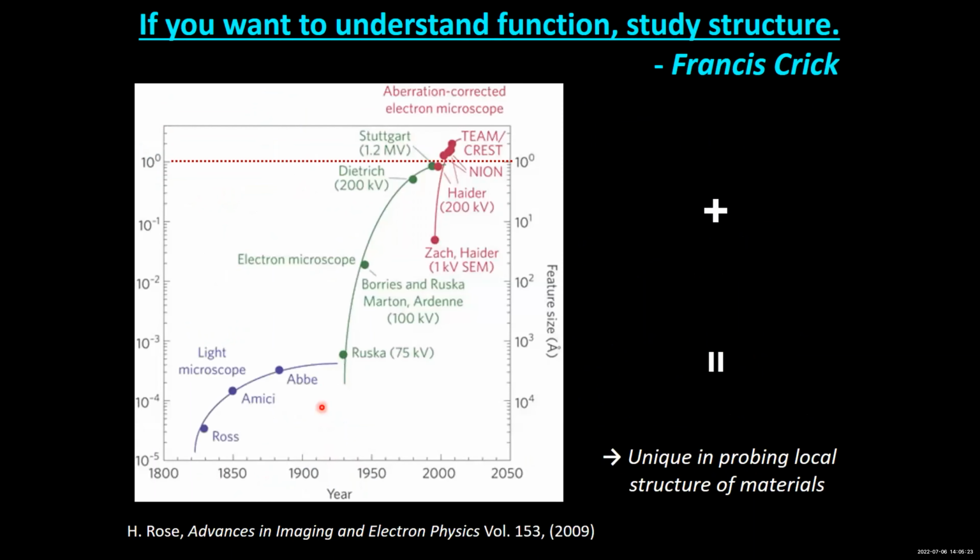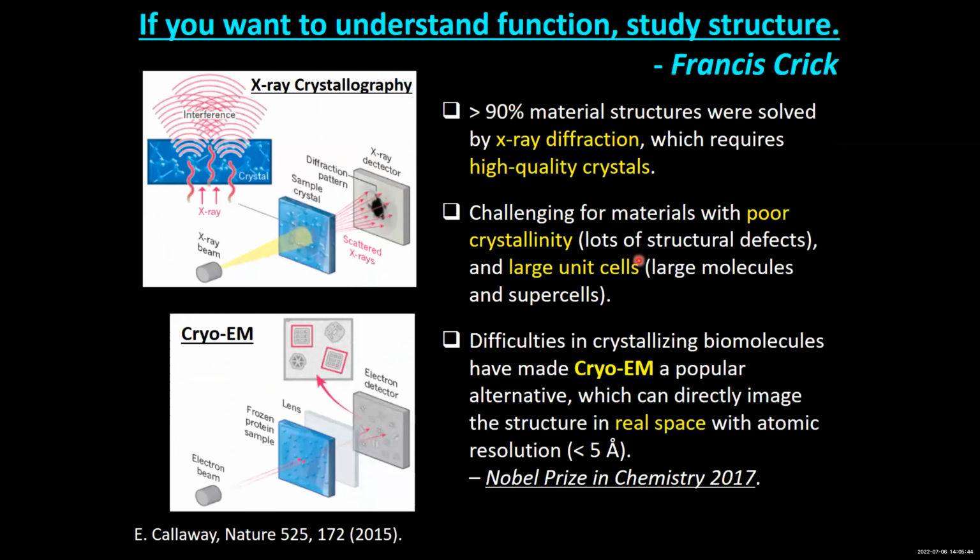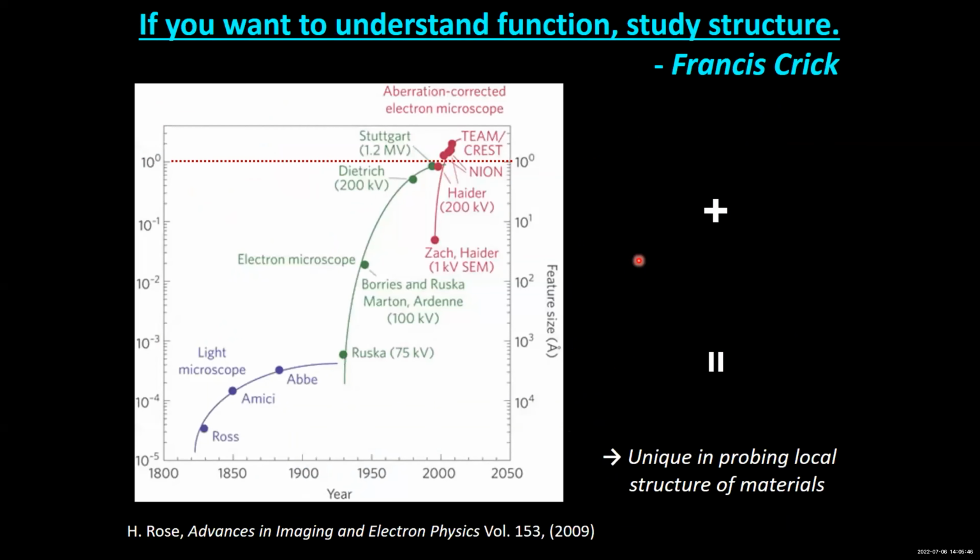This diagram summarizes the progress of resolution improvement for microscopes. When the optical microscope reached the diffraction limit, the electron microscope was invented, and its resolution quickly approached the atomic level. That is due to the short de Broglie wavelengths of the electrons.